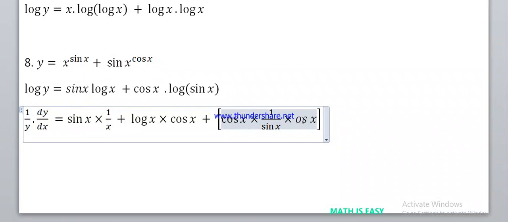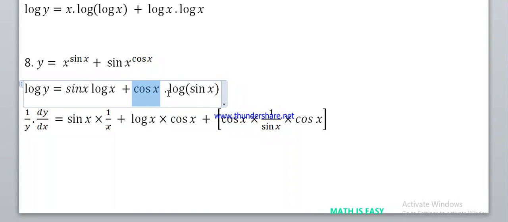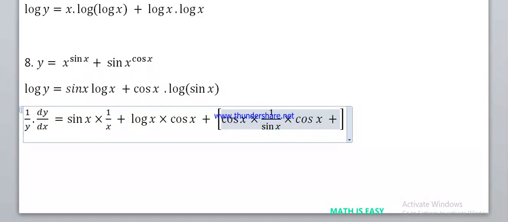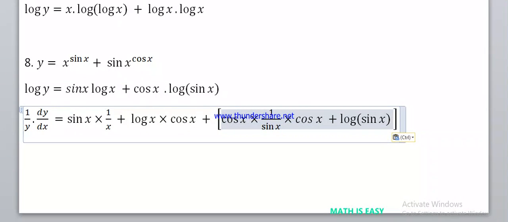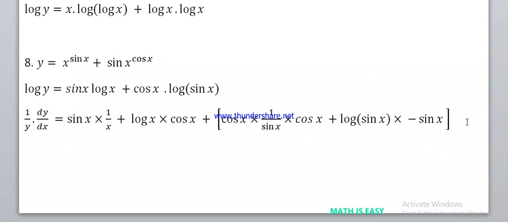First, cos x I got the same, because u into derivative of log theta: derivative of log theta is 1 by theta into derivative of theta. So 1 by sin x into derivative of sin x, which is cos x. Now you have done u derivative of v. Now you will get v into derivative of u. The derivative of cos x is minus sin x. Okay, this is what you get.